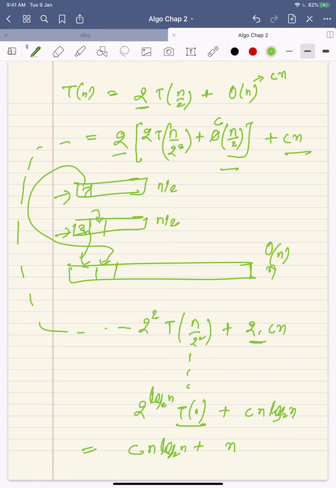These together give you a complexity of theta of n log n. And this holds for the worst case, average case, and best case. So this is the complexity of merge sort.